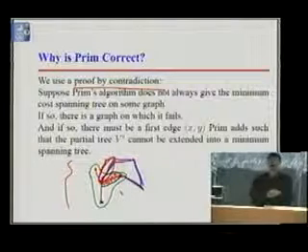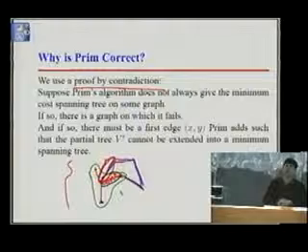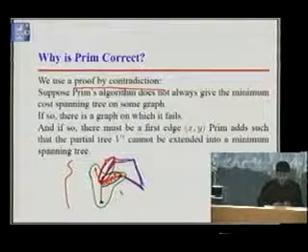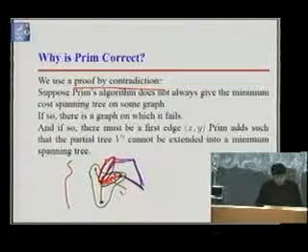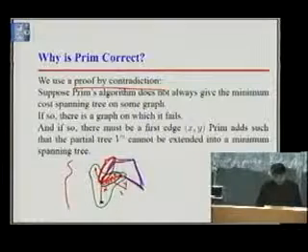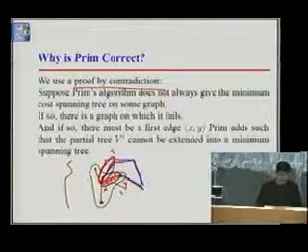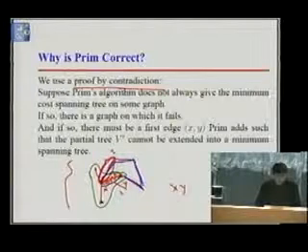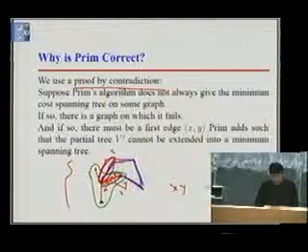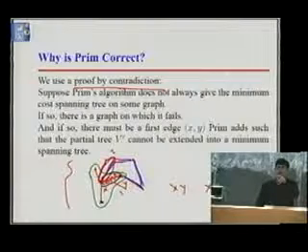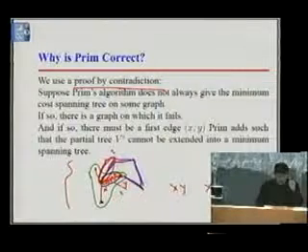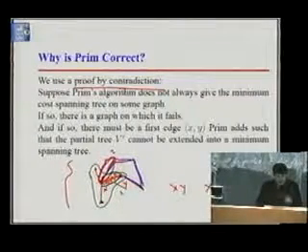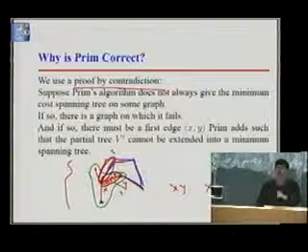What do we know about the weight of that edge? This edge here, let's say this was vertex X, this is vertex Y, this is Z. What do we know about the weight of edge XY relative to the cost of XZ? XY has to be less than XZ.